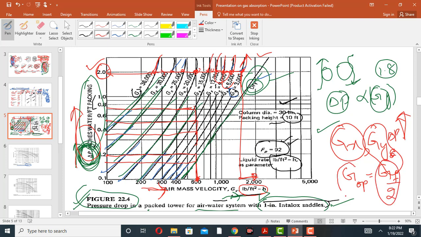So the optimum gas flow rate will be half of the flooding gas mass flux in our designing. So in designing, we will not use the flooding gas mass flux, but we will use the optimum gas mass flux, which will be half of the flooding gas mass flux. So this was the pressure drop.